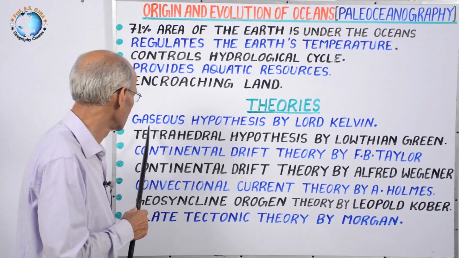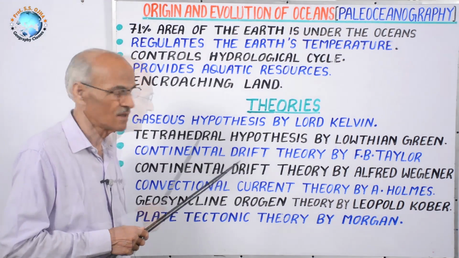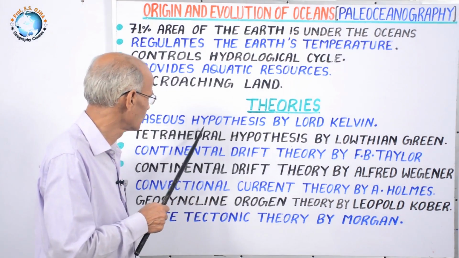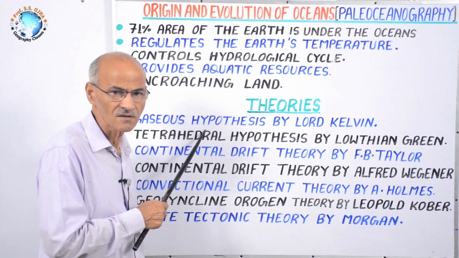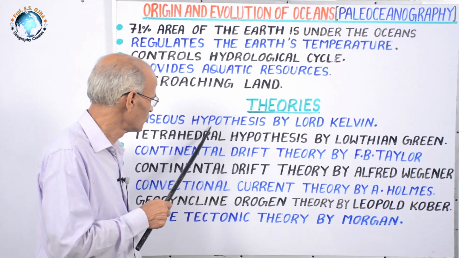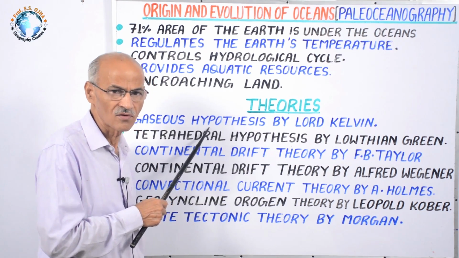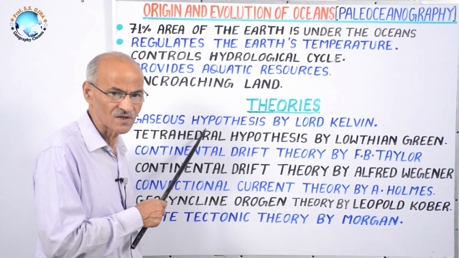The first hypothesis is the gaseous hypothesis by Lord Kelvin. Lord Kelvin postulated that in the beginning Earth was in a hot gaseous state called nebula. Due to cooling, it shrank down, and some parts were raised up and some depressed.